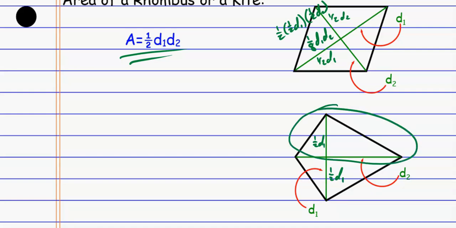Okay, and so when you look at that big triangle up top, it's 1/2 the base, which is diagonal 2, times the height, which is half of diagonal 1. Okay, and when you look at that bottom triangle, it's the same thing. And so when you multiply this out, that's 1/4 diagonal 1 times diagonal 2. Well, I have 2 of those triangles, so when you multiply that out, there it is again. Okay, so again, this is based off of the triangles that are created here, but it's 1/2 diagonal 1 times diagonal 2.